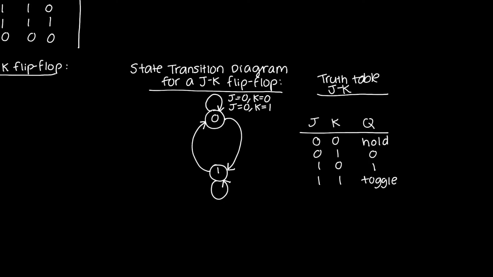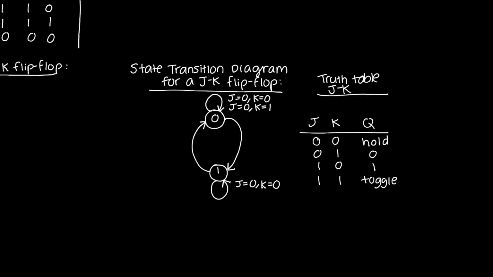Okay, let's do the same, but looking over at 1. So I'm looking at this transition here. I said it's not unconditional. It depends on what the values of J and K are. I'm going to write them down. So if I have a 1 at the Q output, and at my next clock edge, I also have a 1, well, that can be because I'm in the hold condition again. So my next Q is the same as my present Q. So I could be in the hold condition.